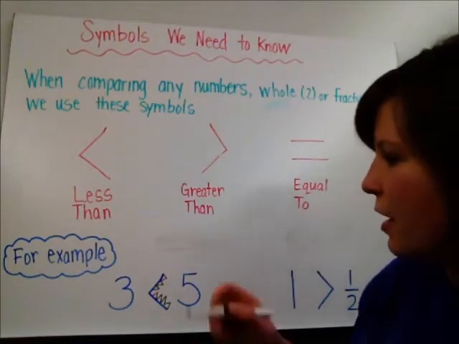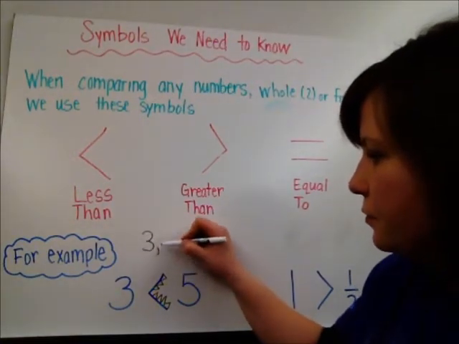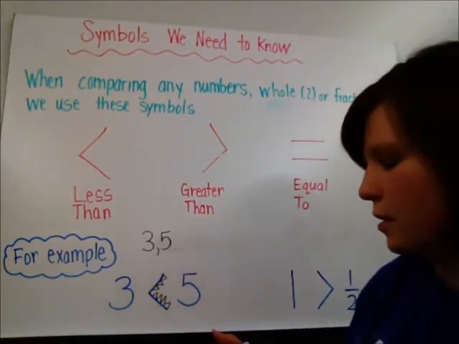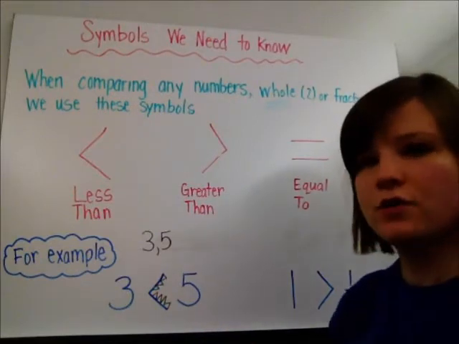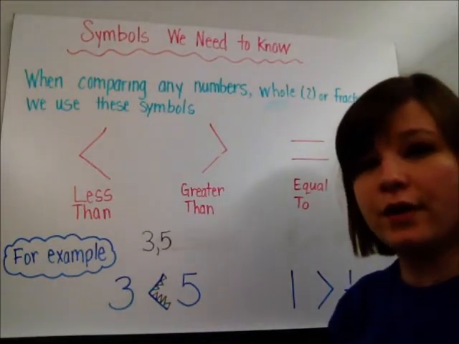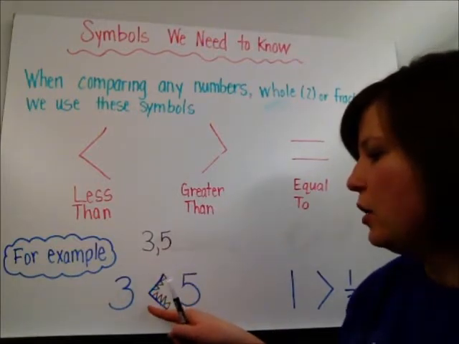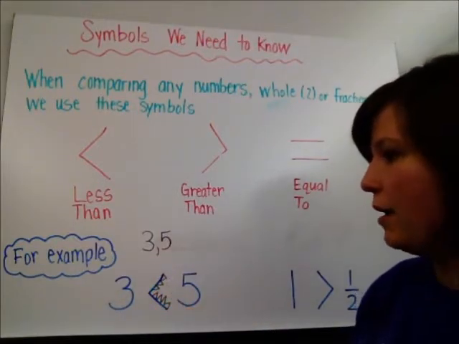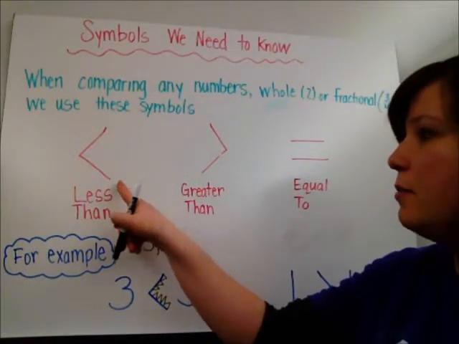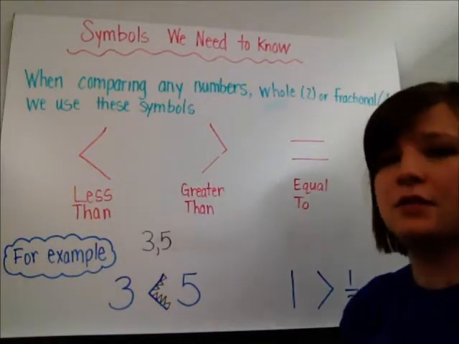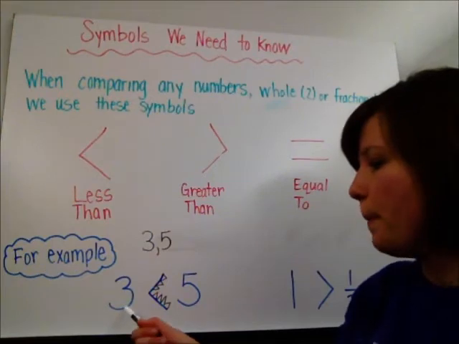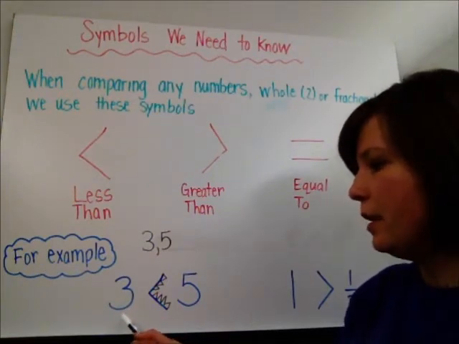So I have a number set here of 3 and 5. And of course we know that 5 is greater than 3. So if the teacher gave you a problem like that, you would have to fill it in with a symbol to make the sentence true. So the way we do that is we put them in any order.